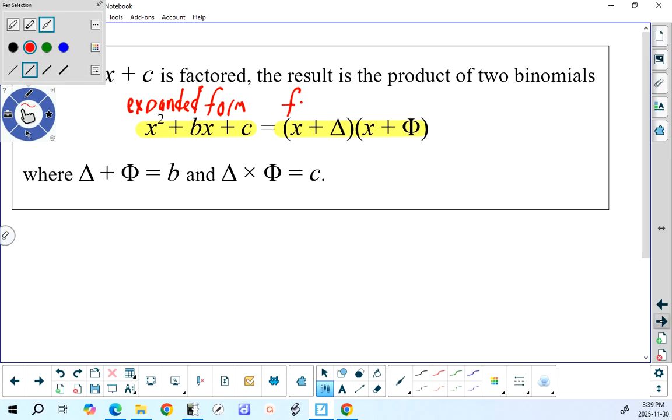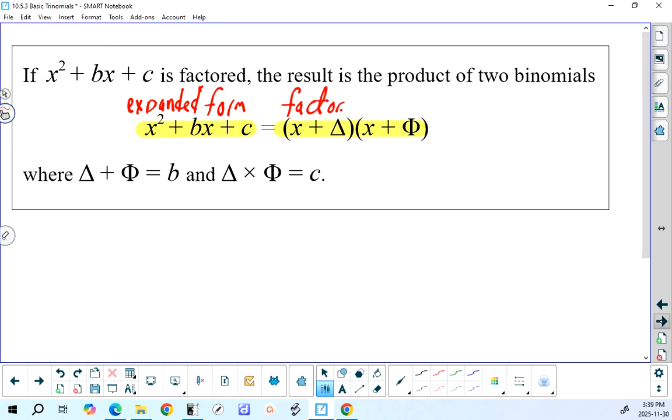And this is called the factored form. If you factor that quadratic trinomial, which means you turn it from expanded form to factored form, the fact of the matter is the two numbers involved have to add to give b and have to multiply to give c.